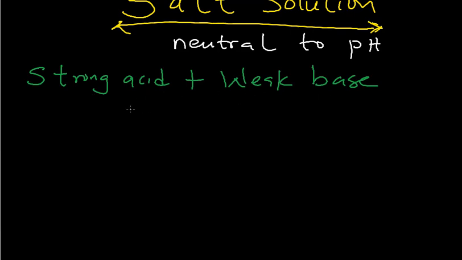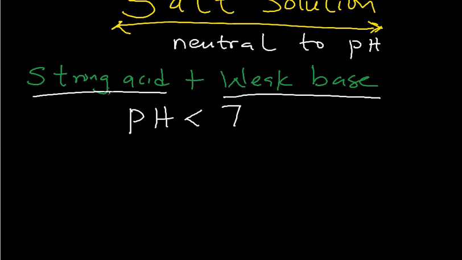That means the pH will be less than 7. A pH less than 7 is acidic, because this salt is formed from a strong acid and a weak base. Such a salt will be acidic because there is more of the strength of the acid compared to that of the base.